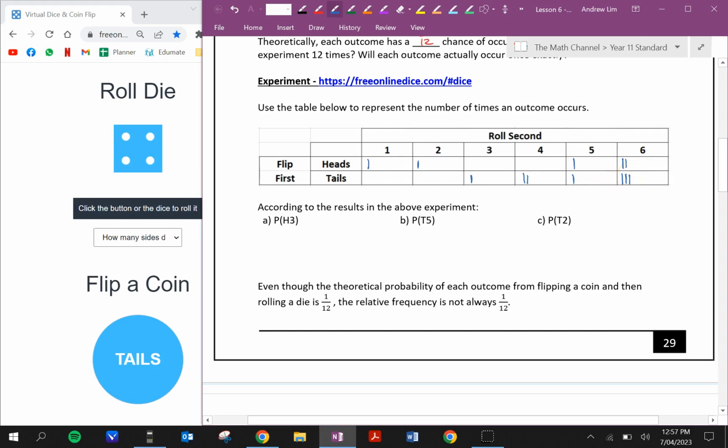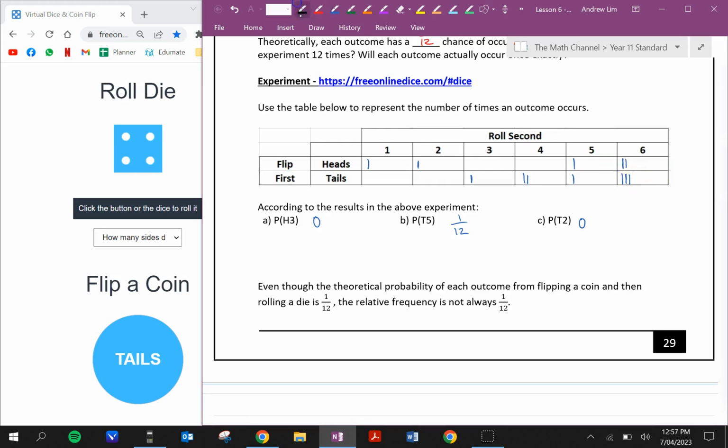So according to the results of the experiment, I just picked 3 random ones. The probability of getting heads 3 is actually 0. Tails 5 is 1 out of 12. Tails 2, also 0. But what if we were to look at some of the other ones, right? Let's have a look at tails 6.